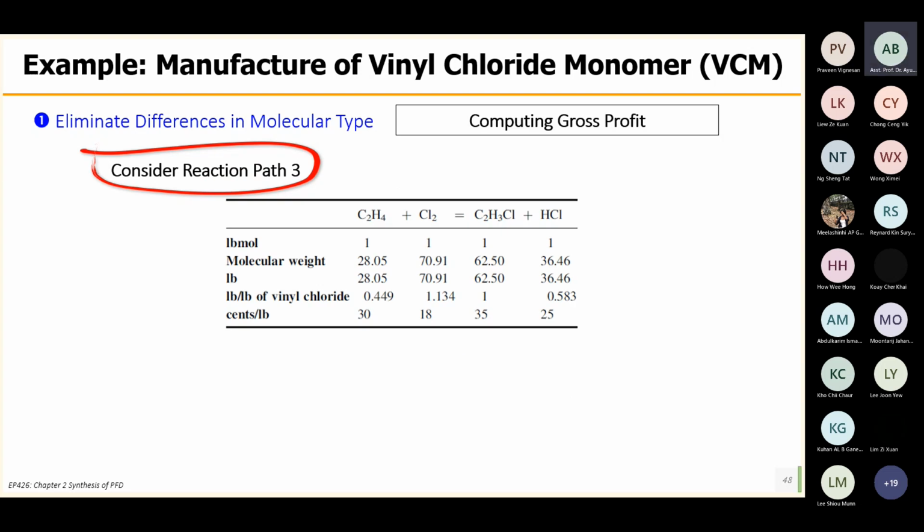Now, reaction path 3, which is this one. Reaction path 3 involves ethylene and Cl. So list down the properties plus the cost.